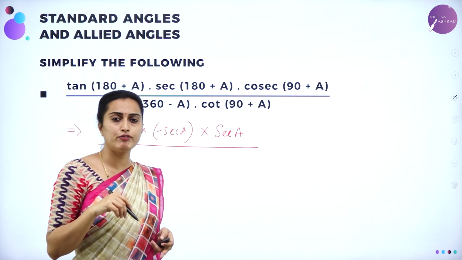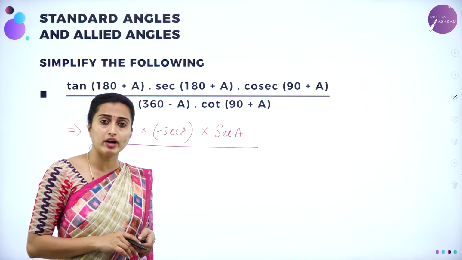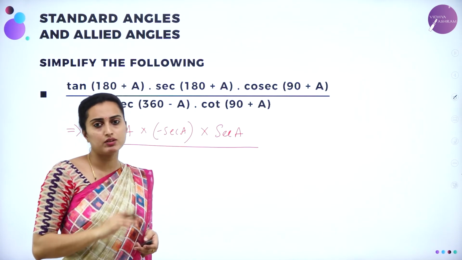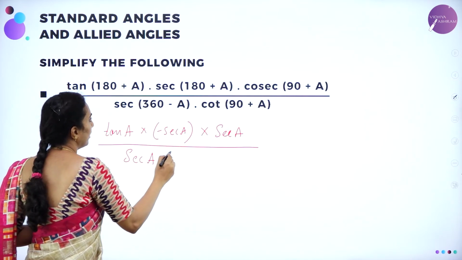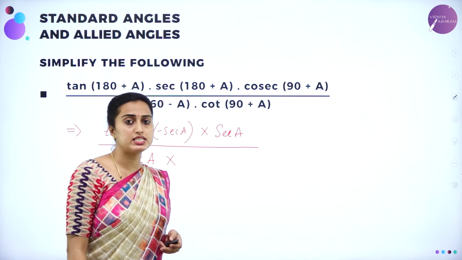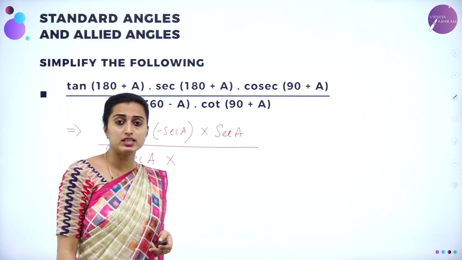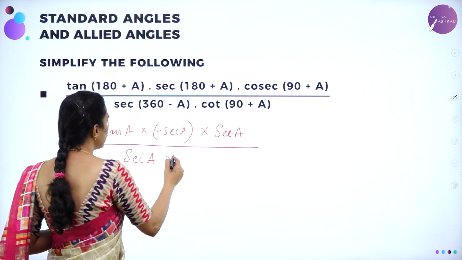Secant will become secant only. 360 minus a falls in the fourth quadrant. Fourth quadrant secant is positive. So you are having secant a only. Into cot of 90 plus a. In 90, cot will be changing as tan. 90 plus a falls in the second quadrant. Second quadrant cot is negative. So here minus tan a.